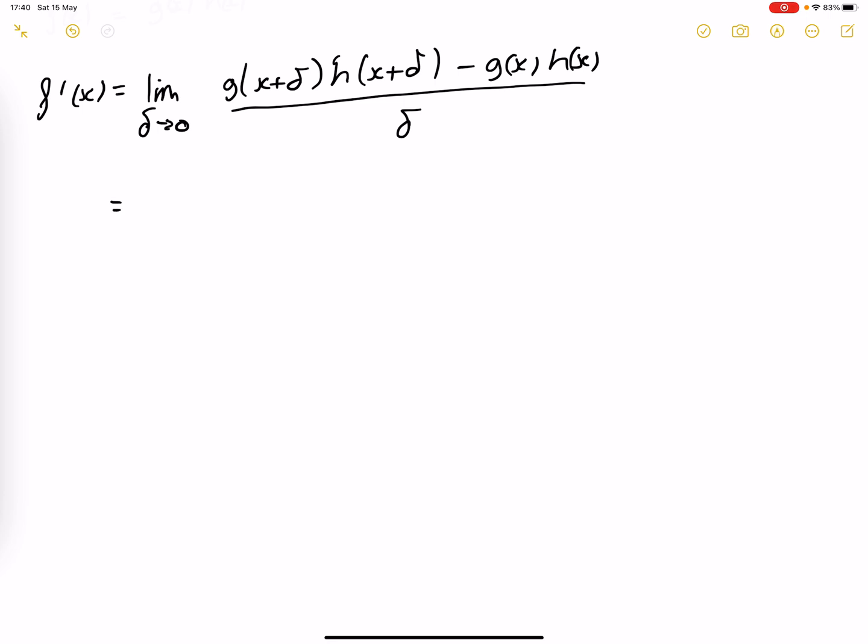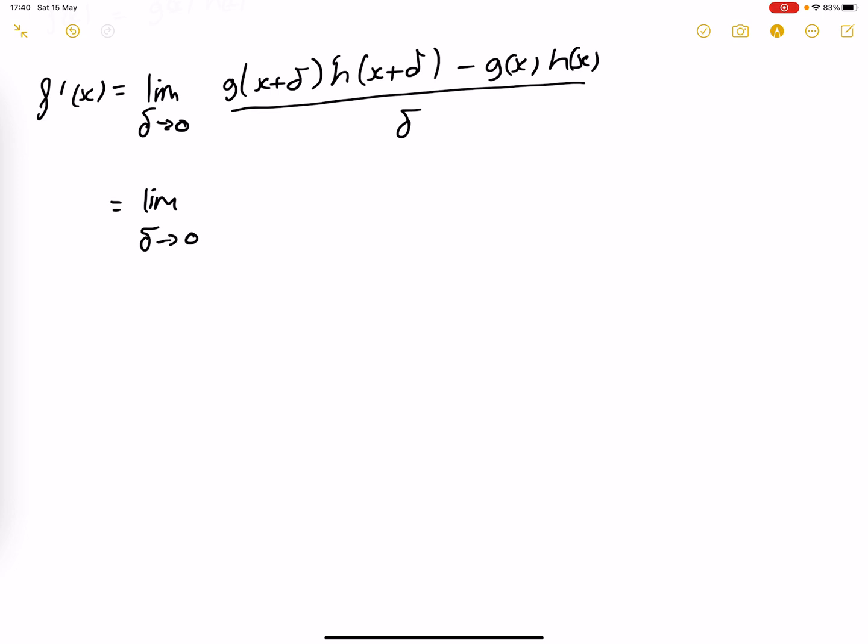So, that is equal to the limit. What we're going to do here is a nice factoring trick where we basically add 0 by adding something and then subtracting it straight away afterwards, just so that we can factorize things.